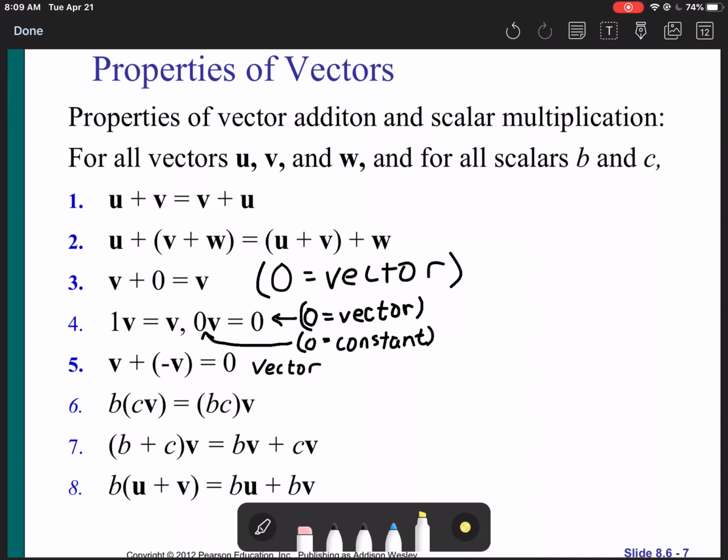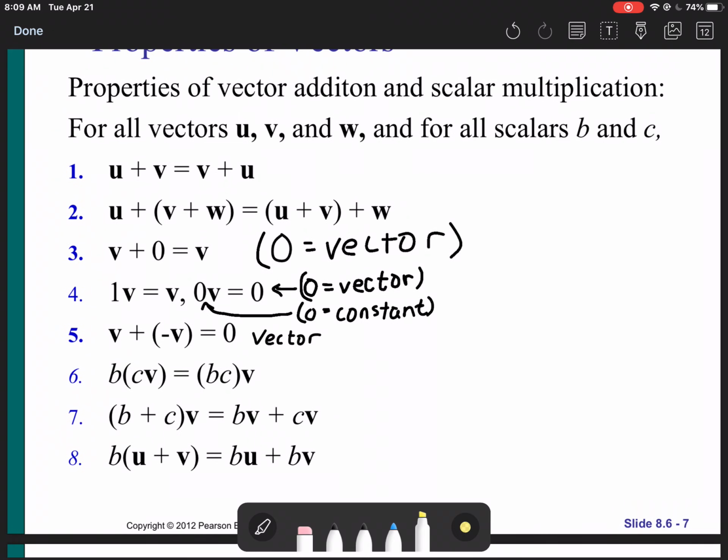Remember, a scalar quantity is just a value, a measurement of some quantity, as opposed to the vector, which has magnitude and direction. So, properties of vector addition and scalar multiplication. For all vectors u, v, w, and for all scalar quantities b and c, where I'm using b and c to represent scalars.